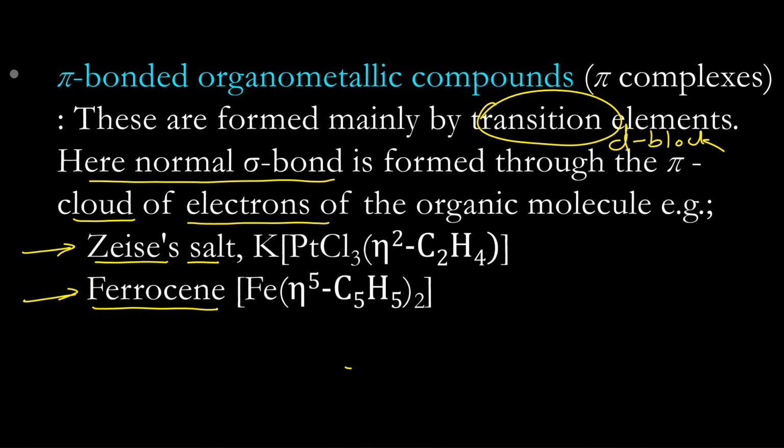Nothing else you need to go into detail about what this eta means. This signifies how these are connected, but that's not in your syllabus. Just write the examples. I will give you some idea about how the interaction takes place between the clouds, how sigma bond is formed and how pi bond is formed. But first write these examples.